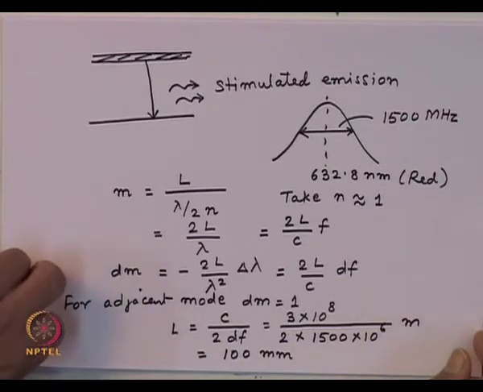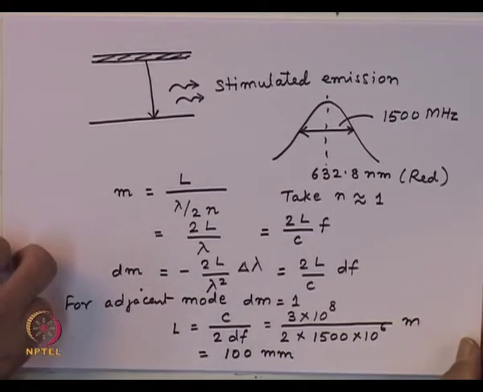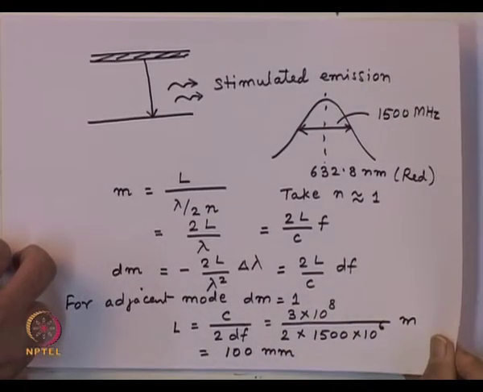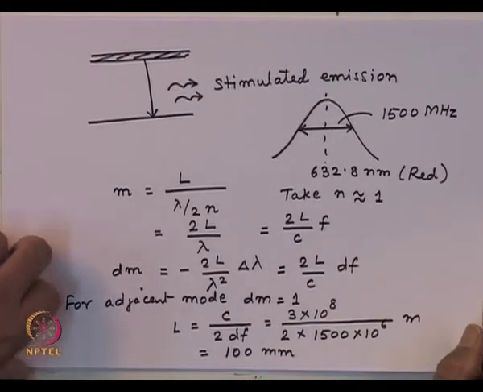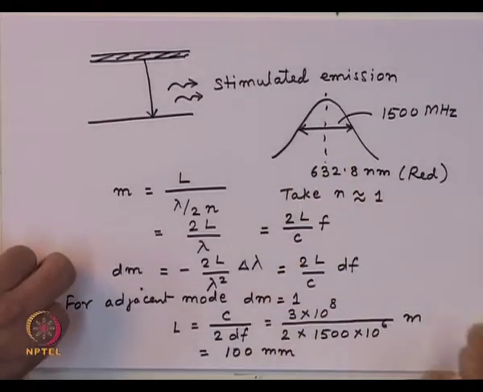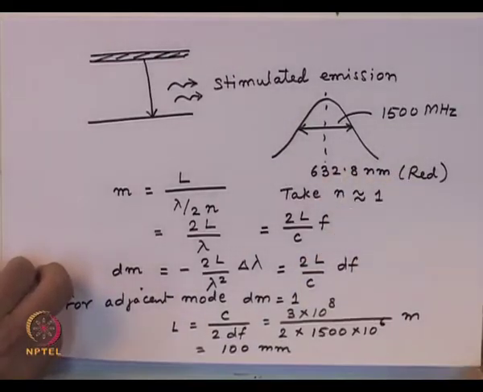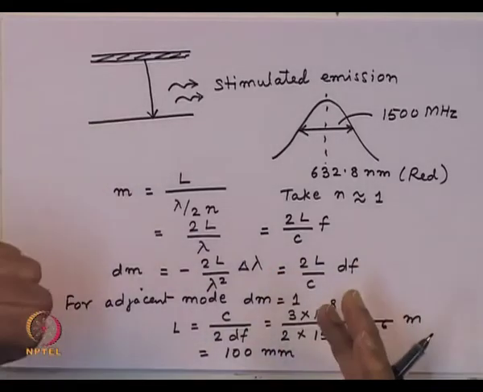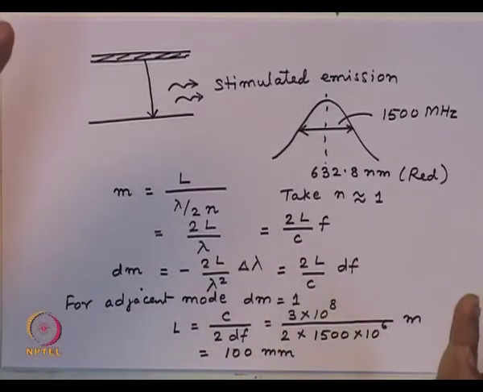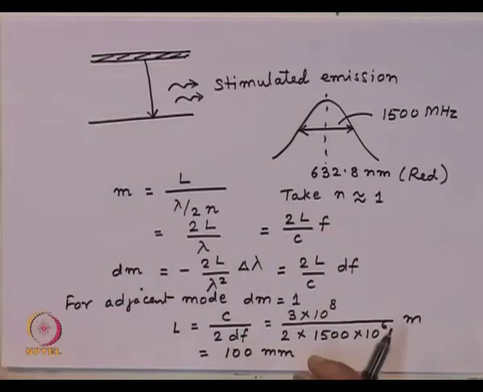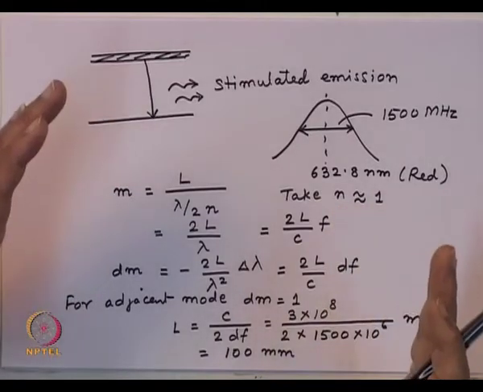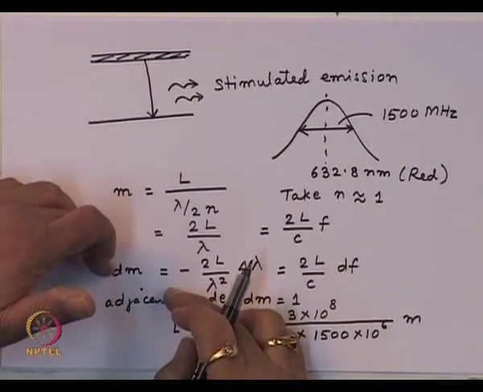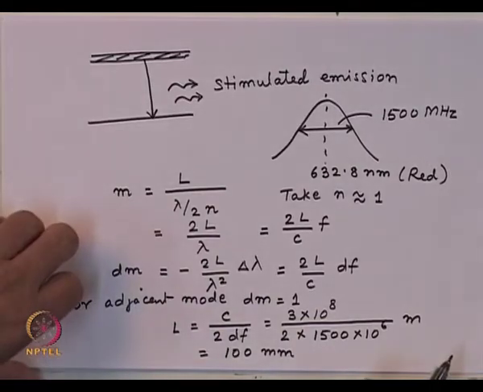What should be the length of the tube to get a single mode longitudinal oscillation inside the cavity? The second problem is that if you wanted to have a certain stability for the frequency emitted by the laser, then the length of the tube should not change, but as a function of temperature, because of the expansion coefficient, the size of the tube is going to change, and when the size of the tube changes, the resonant frequency changes, and because of that the frequency of the laser changes.